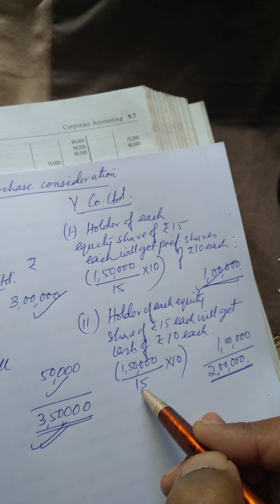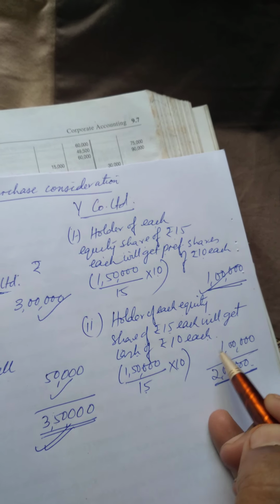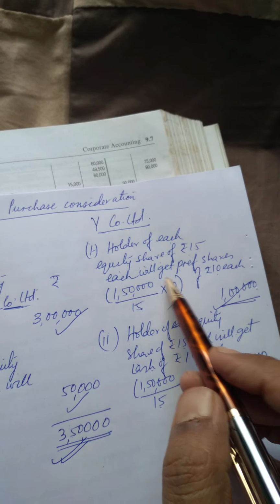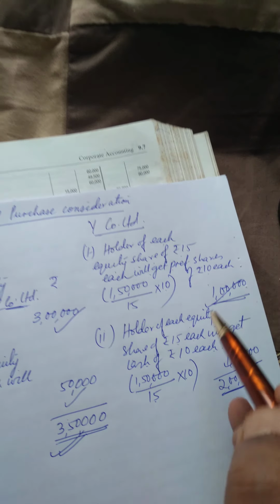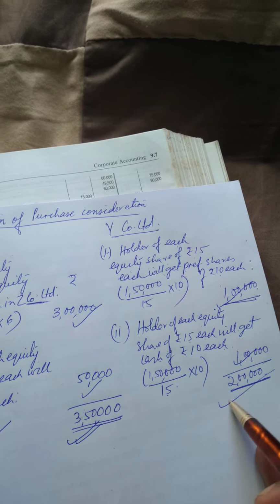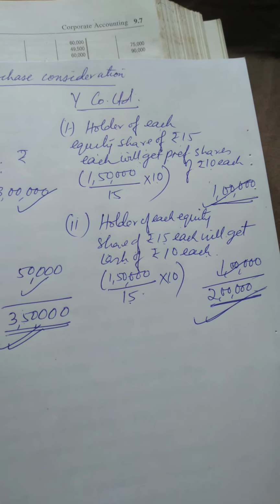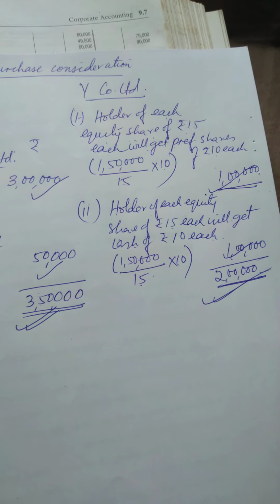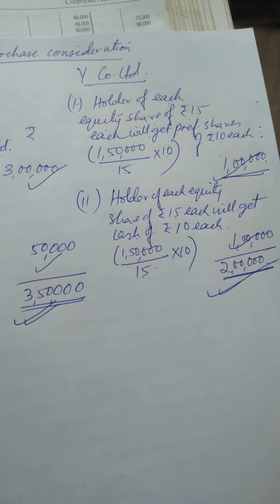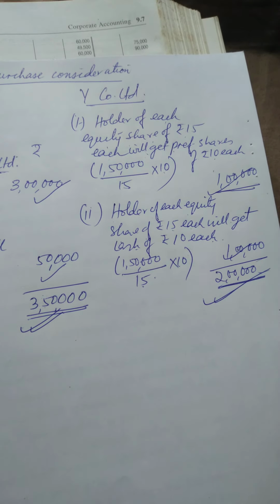Again, 1,50,000 divided by 15, number of equity shares, multiply by 10, you get 1 lakh rupees in cash. Payment in preference shares will be 1 lakh. Payment in cash will be 1 lakh. So this is your total purchase consideration of Y Limited. That means Z Limited is required to give 2 lakh rupees to Y Limited for purchasing its business.